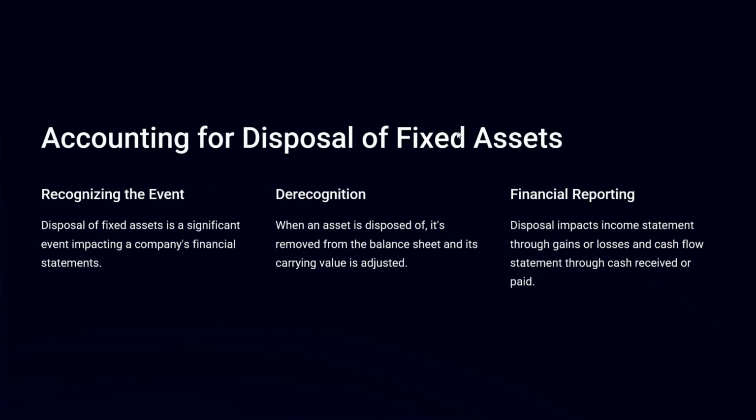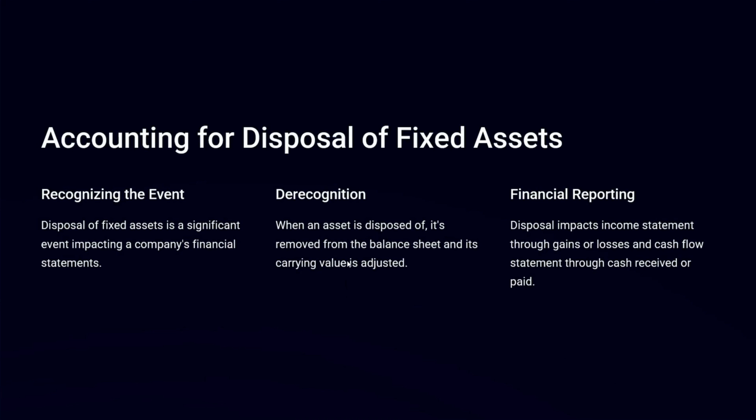The accounting for disposal of a fixed asset. The first thing that we need to do is recognize the event. The disposal of a fixed asset is a significant event impacting the company's financial statements. So it will impact the balance sheet. We have the recognition. That means when an asset is disposed of, it's removed from the balance sheet and its carrying value is adjusted.